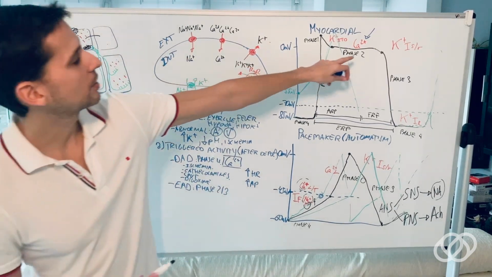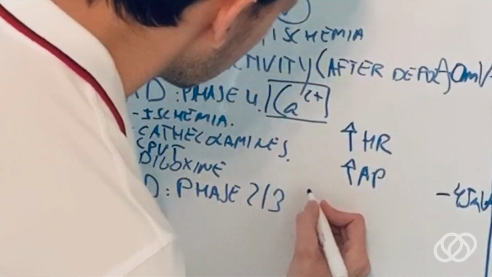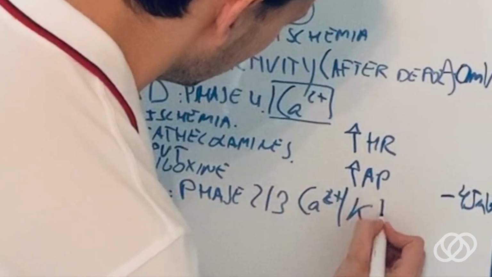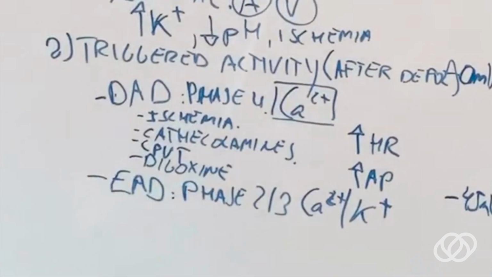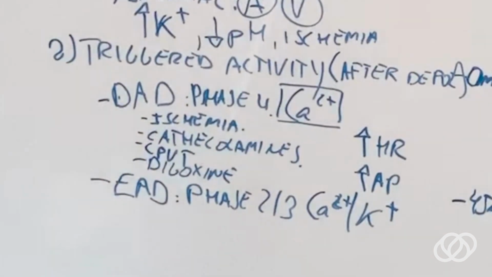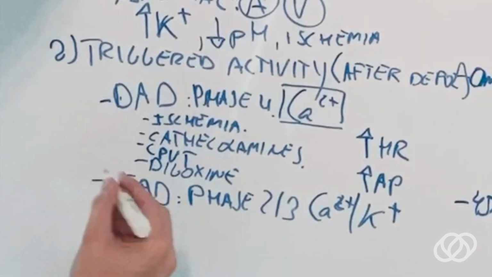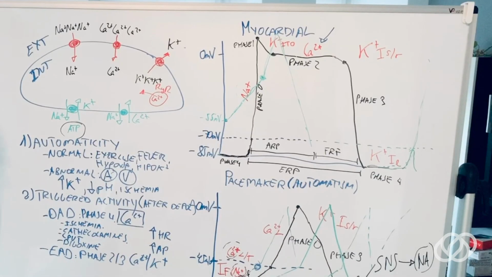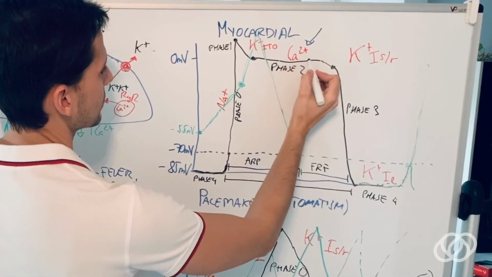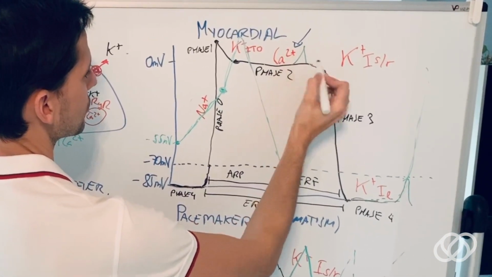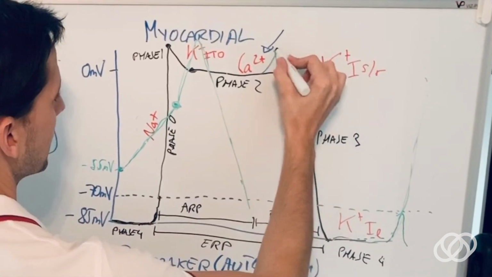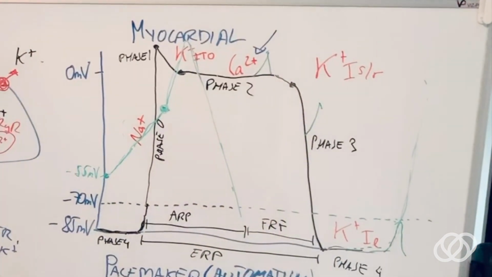They may happen because of a problem with the entrance of calcium or less outward potassium. In this situation we can have depolarization if it is in phase 2, because a lot of entrance of calcium can happen here, or in phase 3 we can have depolarization here, we can have the start of another action potential before time.